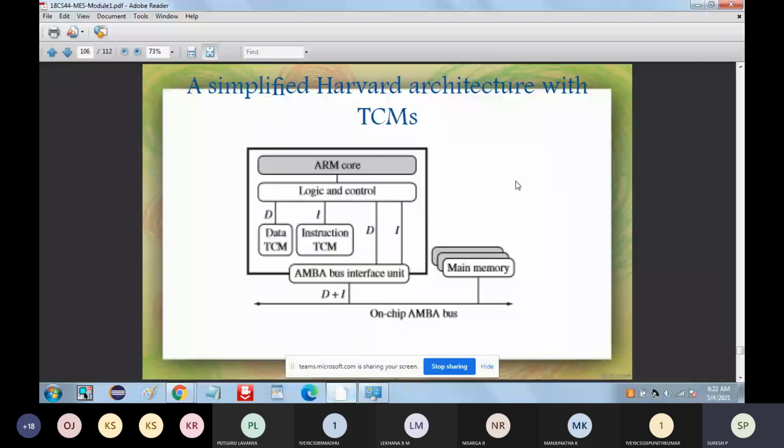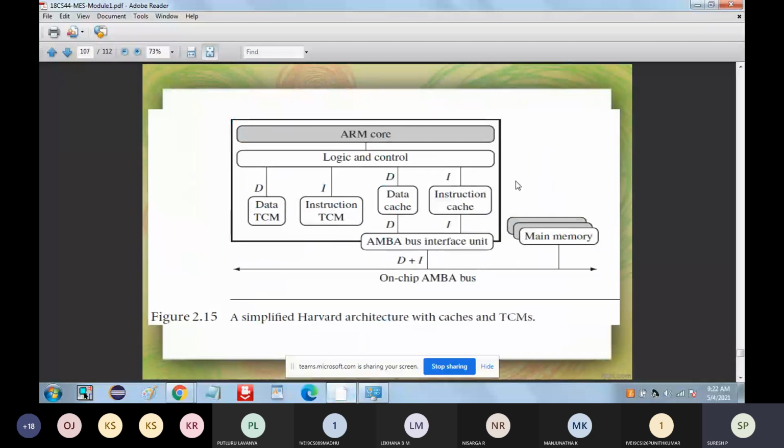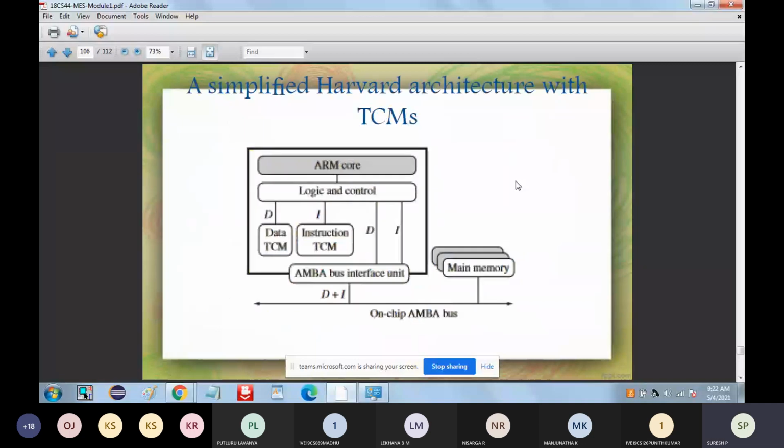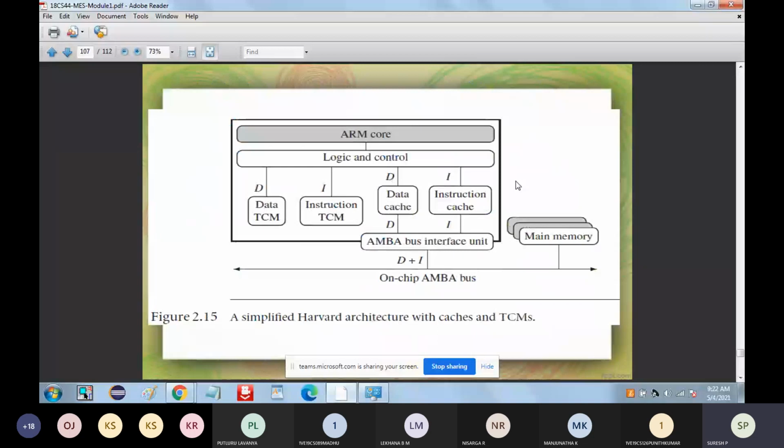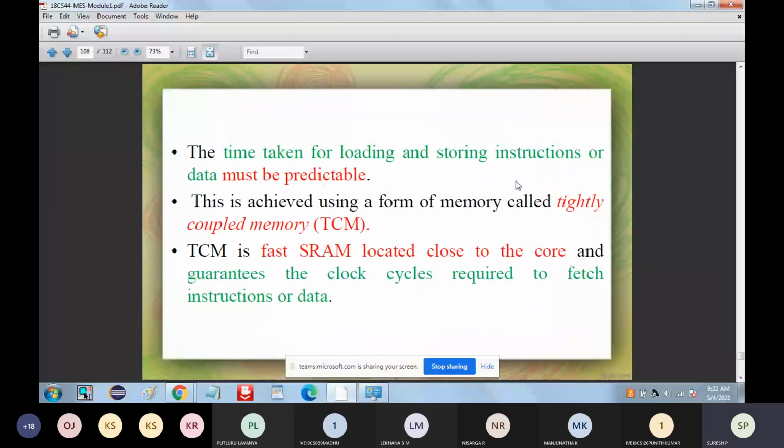So next is, this is also the same diagram which is there in a different form. When you are going with the cache memories, the time taken for loading and storing instructions or data must be predictable.